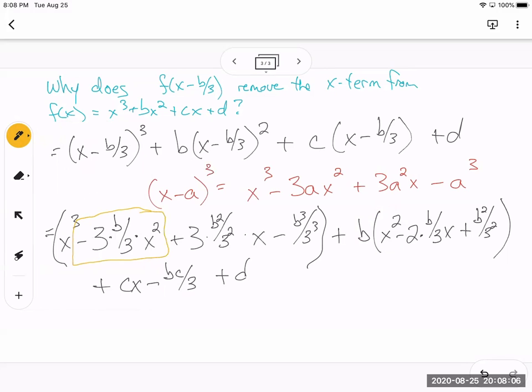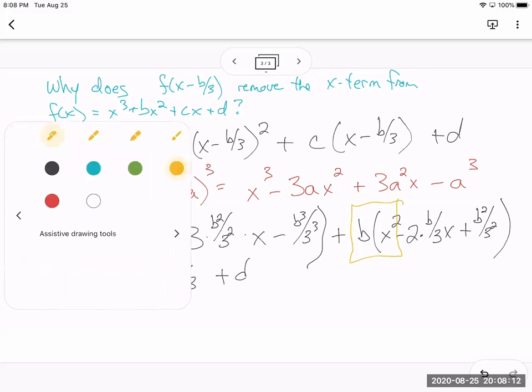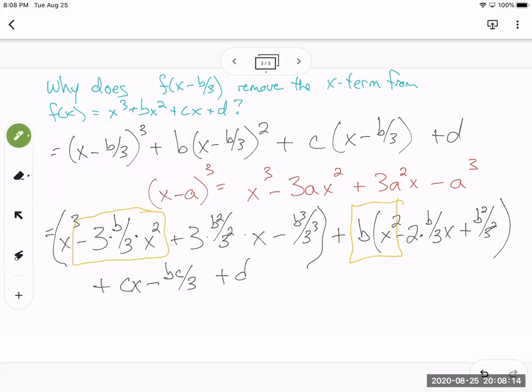Right, so in essence, I'm trying to pay attention to those two terms. So in this one, the 3 and the 3 cancel out, and in essence I'm subtracting b x squared, and over here, I am adding b x squared. And again, there's no other x squareds anywhere in all of that.